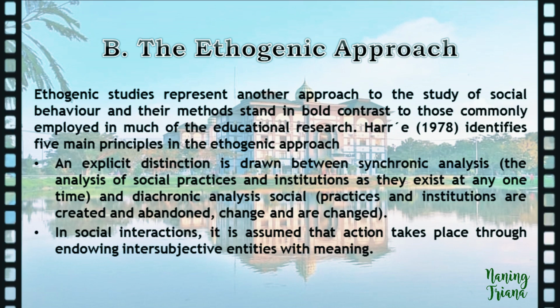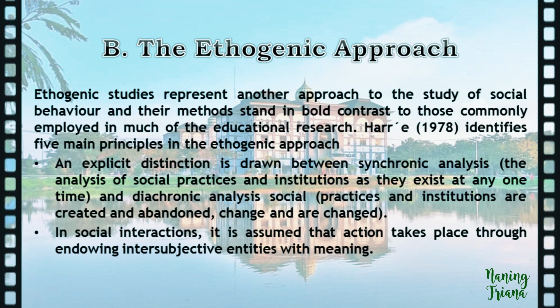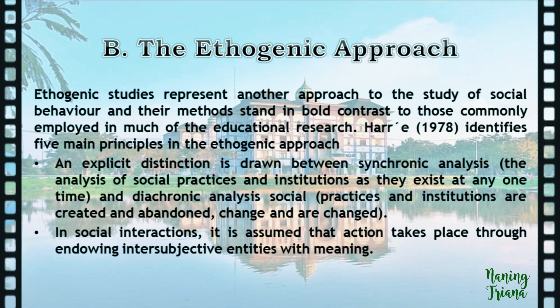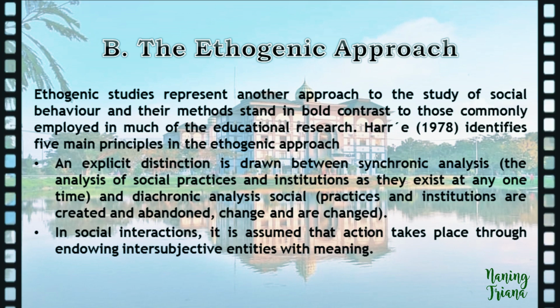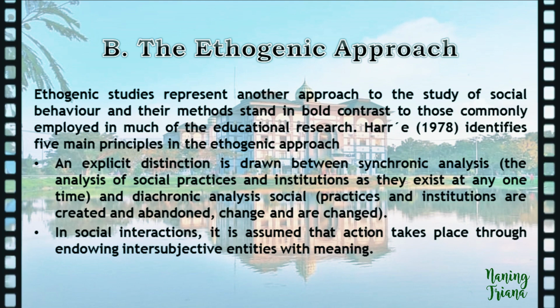The first, an explicit distinction is drawn between synchronic analysis, or the analysis of social practices and institutions as they exist at any one time, and diachronic analysis. Social practices and institutions are created and abandoned, changed and are changed.